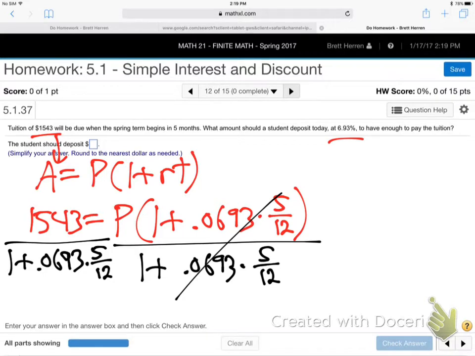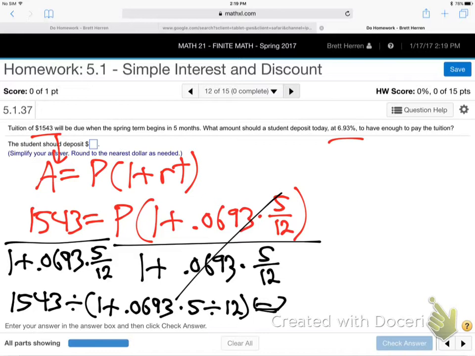But remember, when you type it in, whenever you have more than one item in a region, you've got to parenthesize it, right? So it's going to be, at least if your calculator lays everything flat, 1543 divided by parenthesis 1 plus 0.0693 times 5 divided by 12 equals button. So that's how most calculators will crank it out.